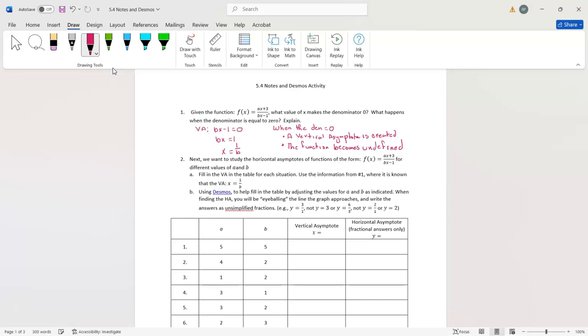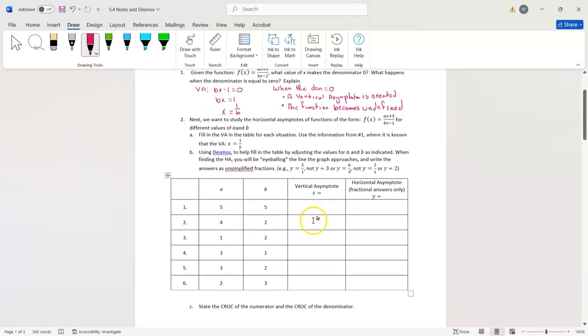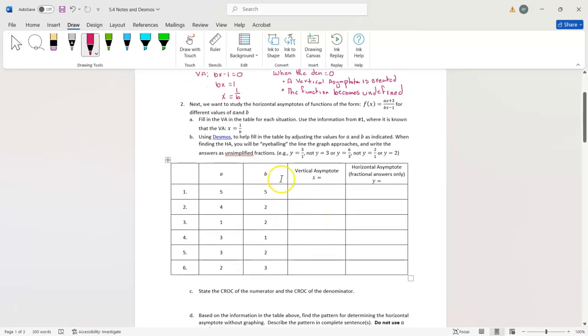Now we're going to explore this, but before we do, we have a set of a and b values here and our function. We want to fill in the vertical asymptote in the table for each of the particular situations. We know from number 1 that the vertical asymptote is x equals 1 over b.